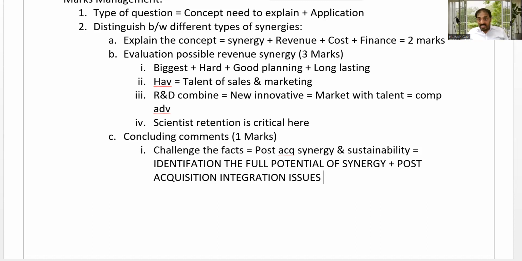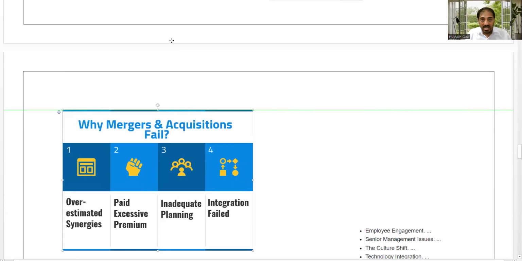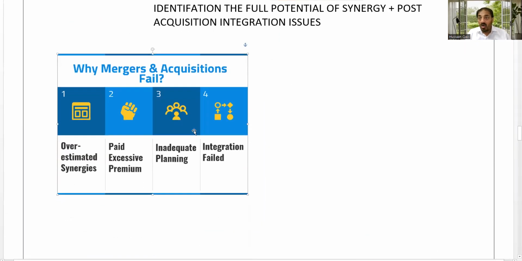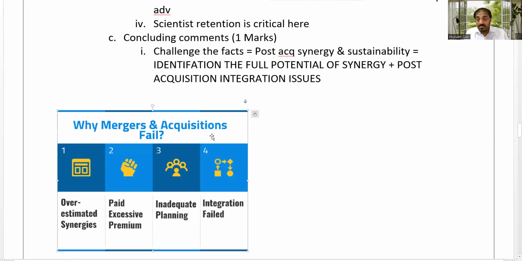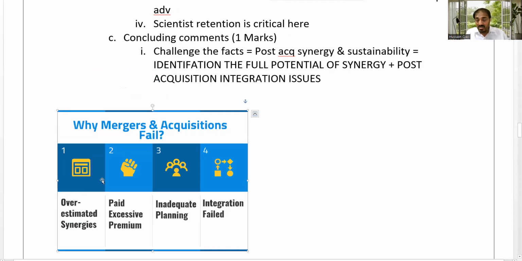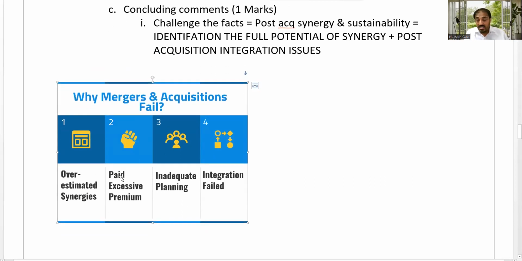Because it is one of the topics in the syllabus and it's very important: what are the reasons for merger and acquisition failure? These are the concrete reasons.